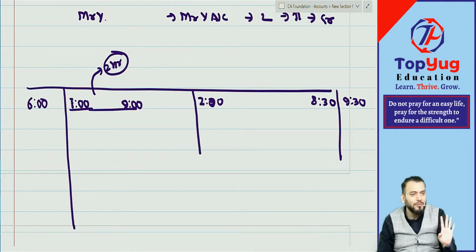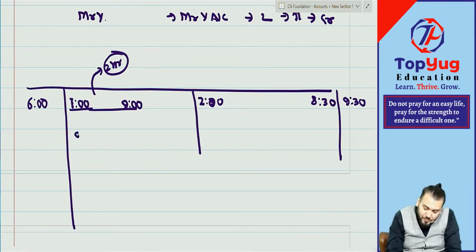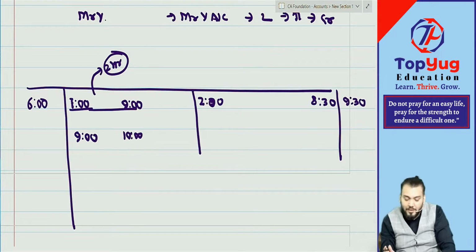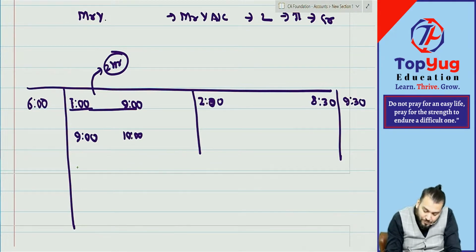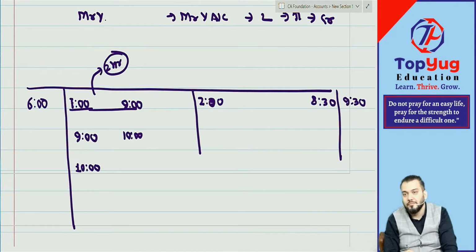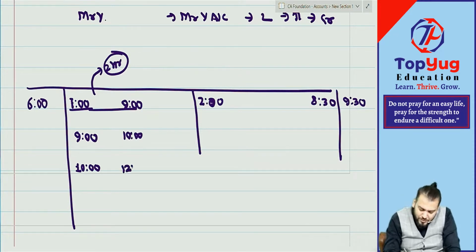Then from 9 to 10, once again take rest, take breakfast, whatever you want to do. Then once again from 10 to 12, means 2 hours.